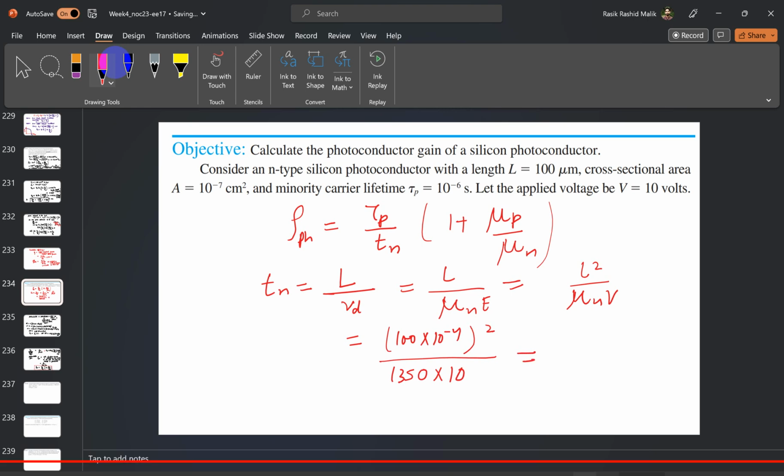If we calculate this value, it comes out to be 7.41 into 10 to the power minus 9 second. So we have calculated the first part of the question.